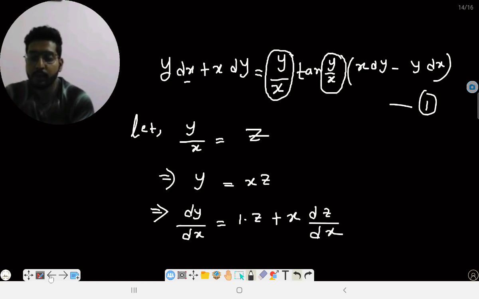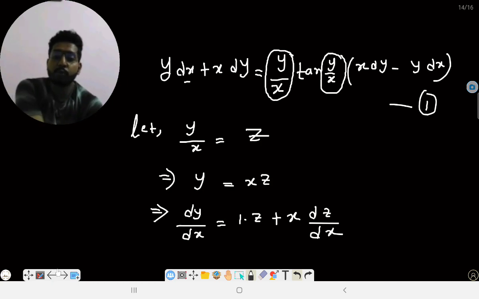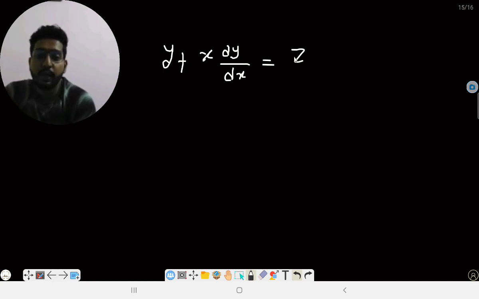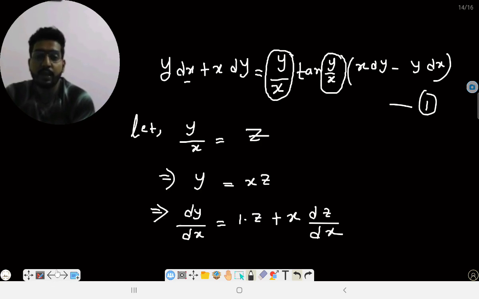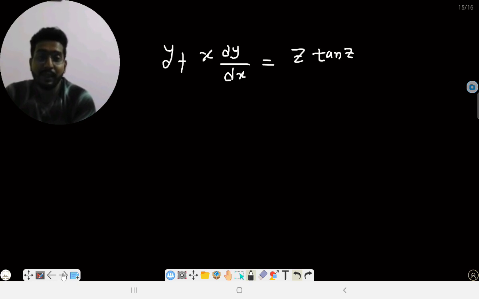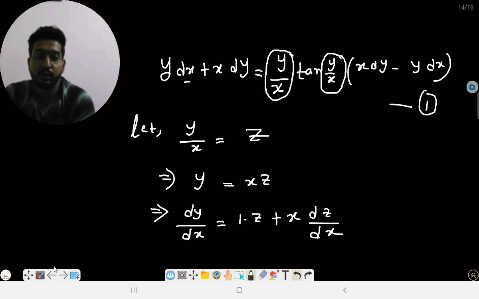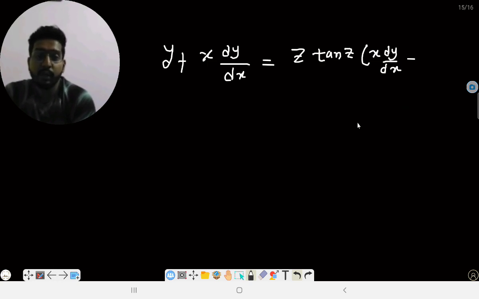Suppose I divide by dx, so what will happen? It will become y plus x dy/dx, equals, now what is y/x? y/x is here z, so that will become z tan z. Now again divided by dx, that means x dy/dx minus y.